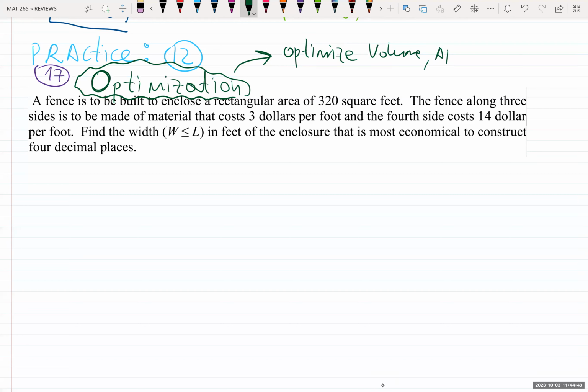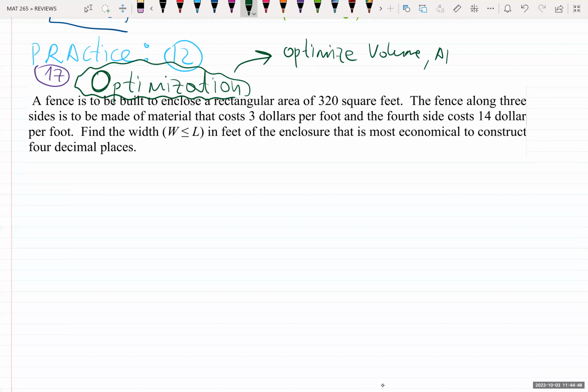So let's build a cost function. The cost function will be how much the whole total thing costs. Well, what is the whole total thing? The total thing is dollars per foot for what? For the sites. Oh, so we're spending money to build the sites. Here they are, fence, fence, fence, fence. That is perimeter. So we know how to figure out perimeter.